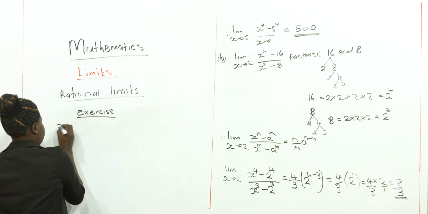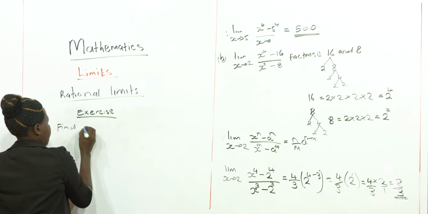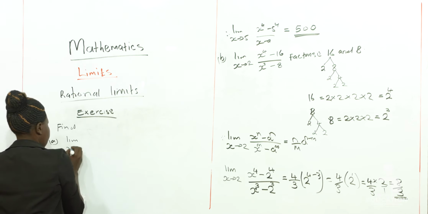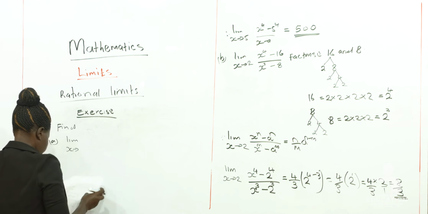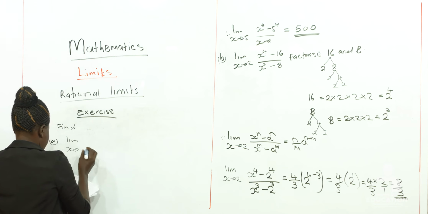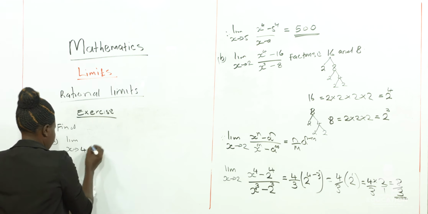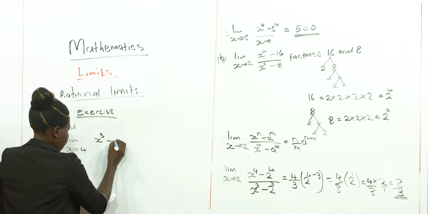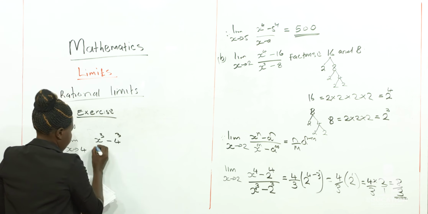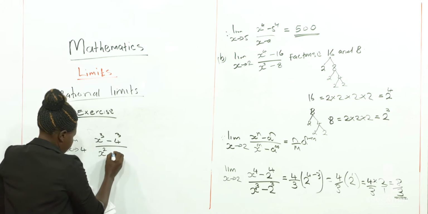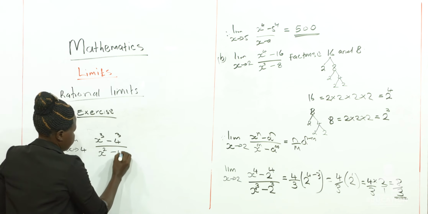Find, a: the limit as x approaches 4 of x raised to 3 minus 4 raised to 3, over x raised to 2 minus 4 raised to 2.